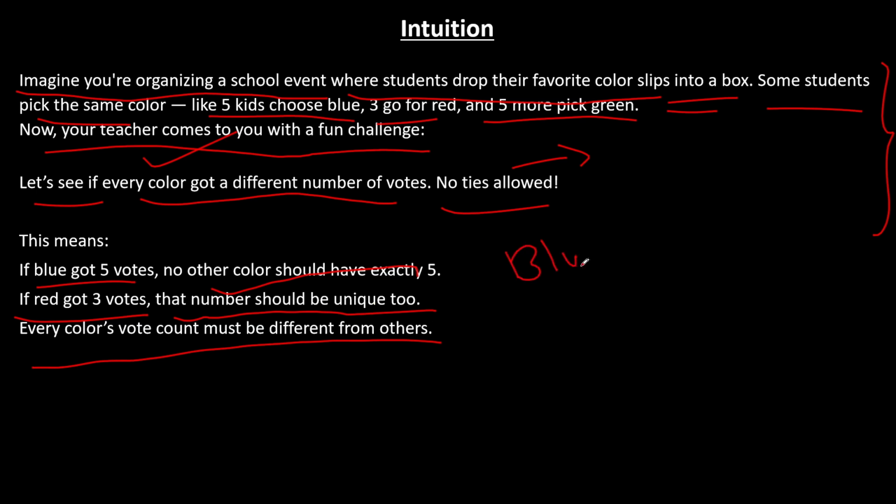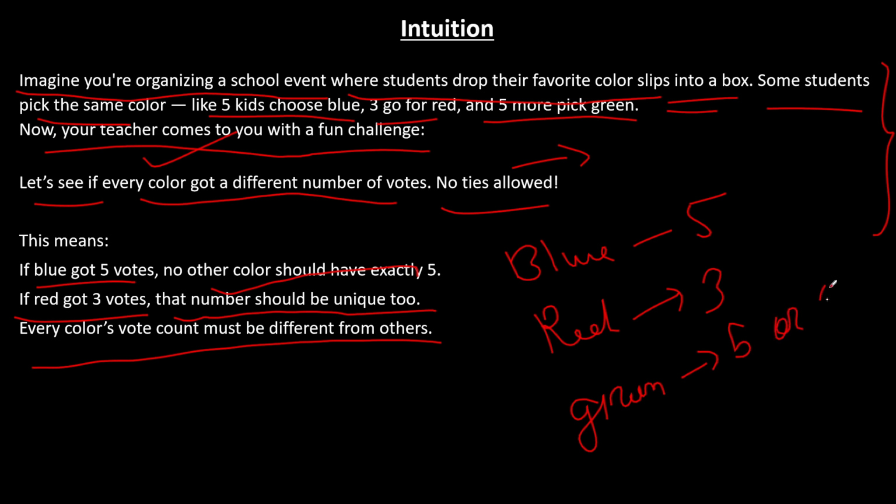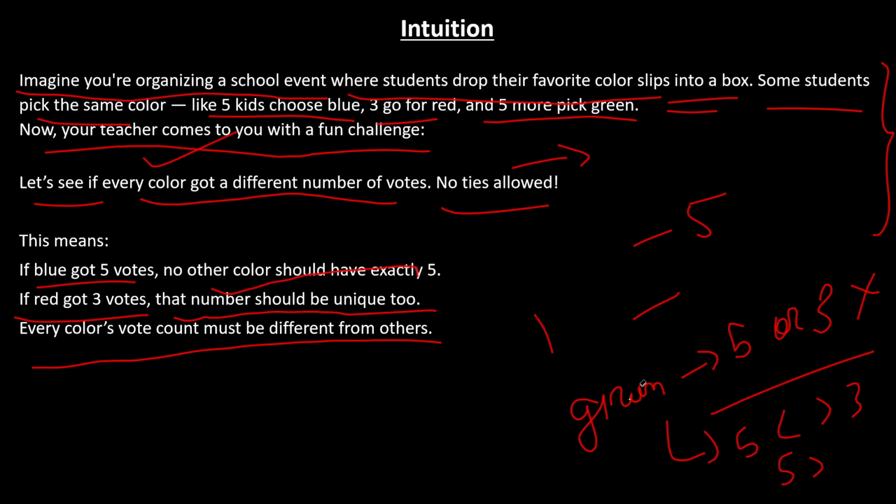If blue appears five times and red appears three times, then green cannot appear five or three times. It should be either less than three, between three and five, or greater than five. Got it? This is the fun task given by the teacher, and it resonates with our question.